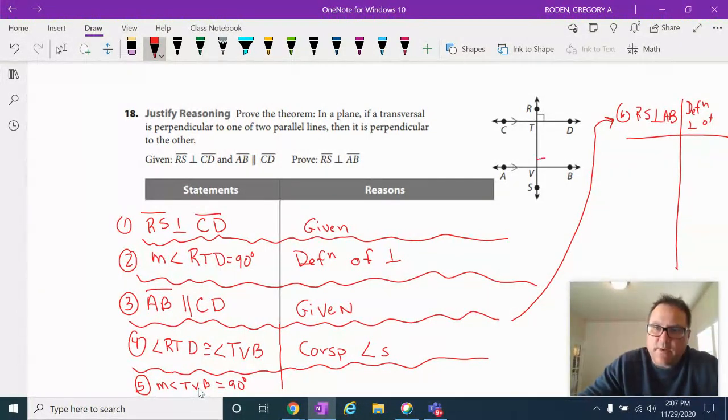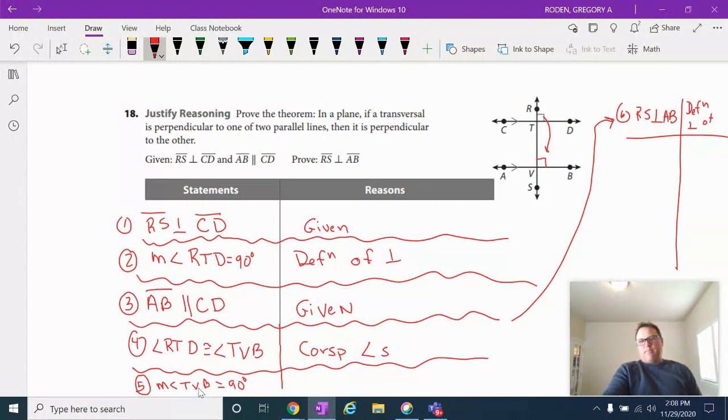Since they're corresponding angles, I can move this one down, and because they're congruent, and they're both right angles, they're both equal to 90 degrees, so we can substitute a 90 in there, and so now we can say that they're perpendicular because that is a right angle right there.